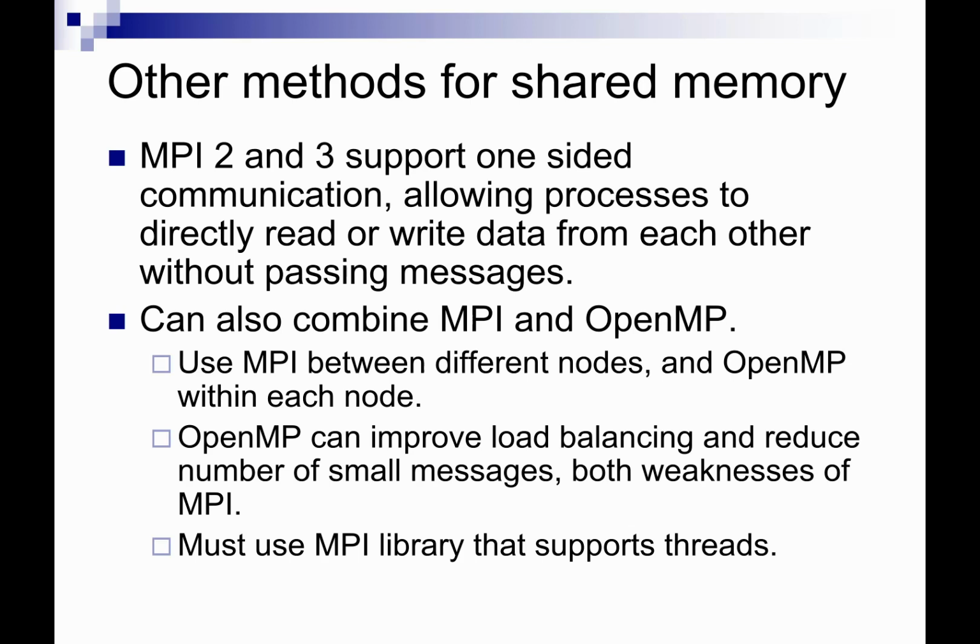However, you could also connect many of these nodes over a network, and since different nodes cannot directly access each other's memory, it makes sense to use MPI for communication between nodes. So basically you can use a combination of MPI and OpenMP. Newer versions of MPI even support threads, so that even within MPI itself you can do shared memory programming.